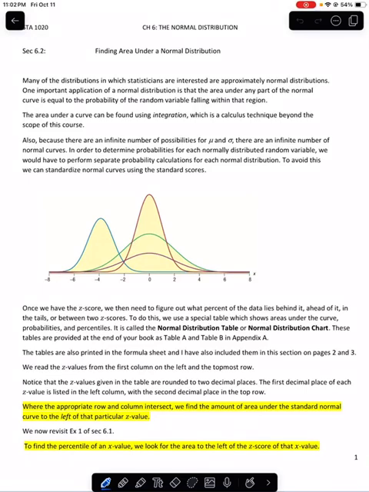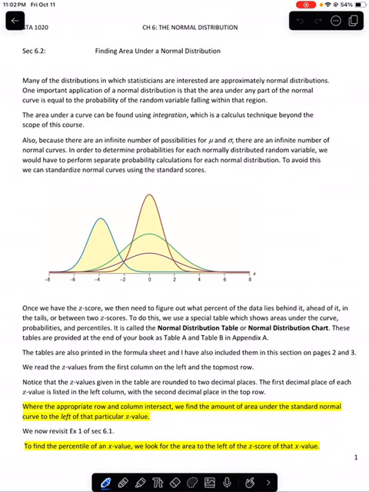Hi, we continue with chapter 6 and we are now looking at section 6.2, which is about finding the area under a normal distribution. Many of the distributions in which statisticians are interested are actually approximately normal distributions.